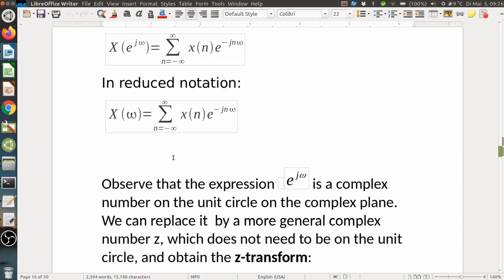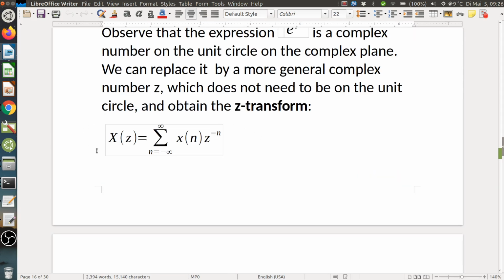So here we would actually use the non-reduced notation. We replace e to the j omega with z here and also here. And this leads us to the Z transform. So that shows us that the Z transform is a more general transform, and the DTFT is just a special case of it. The special case for z equals e to the j omega.